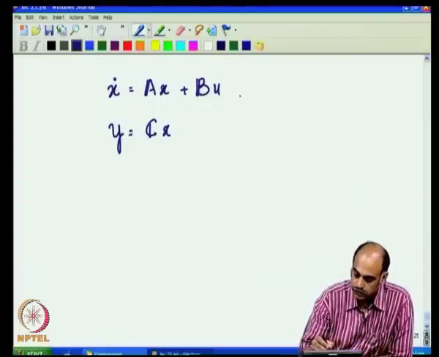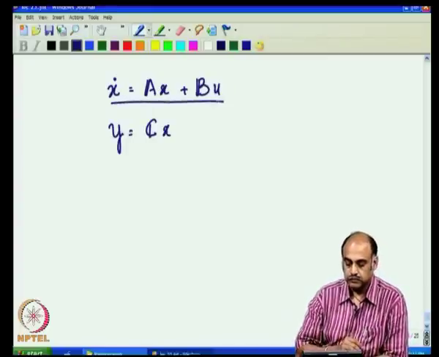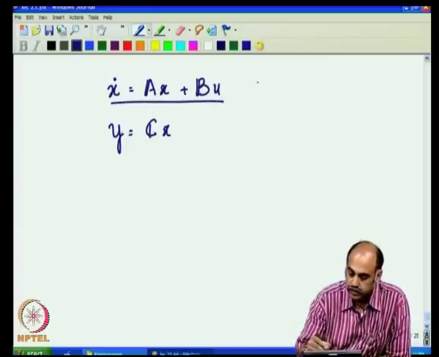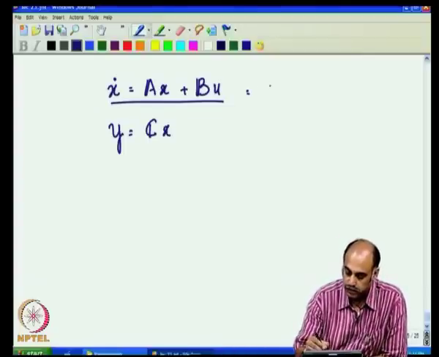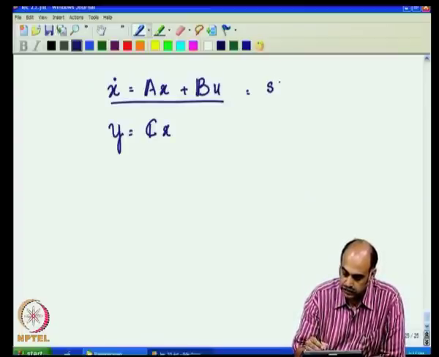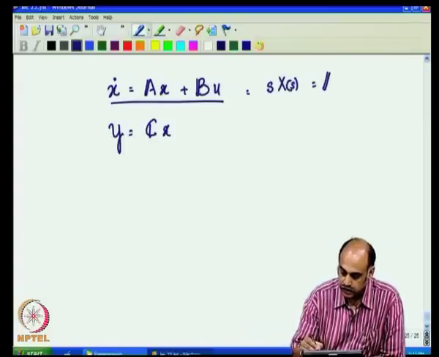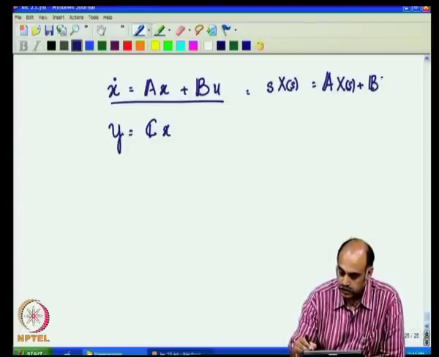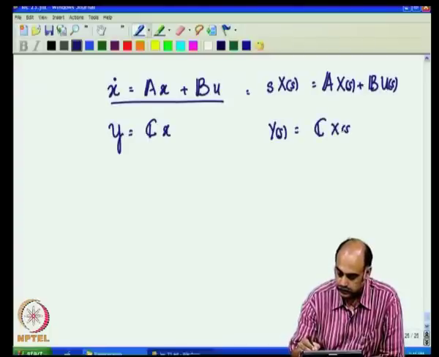Now, if you take this, the derivative term, take the Laplace transform. So, you have s X(s) equals A X(s) plus B U(s), and Y(s) is C X(s).